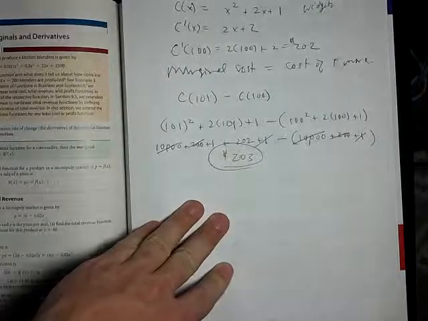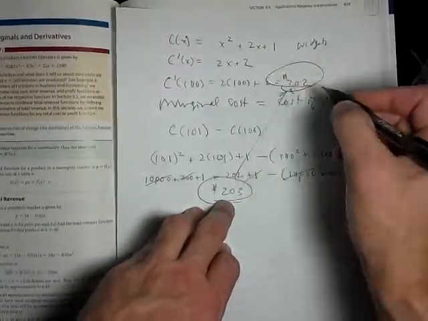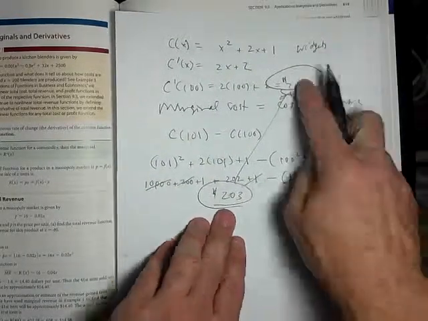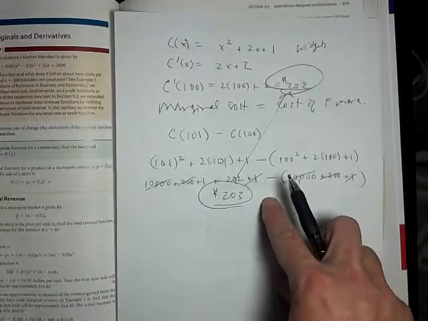You'll notice that this is not the same number as what I calculated before. It's close. This was a really good estimate, but it wasn't quite right. And so this is an important lesson.